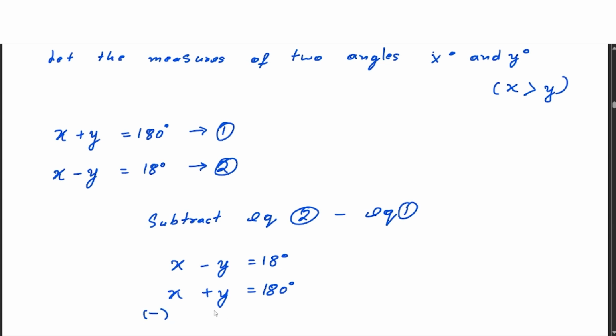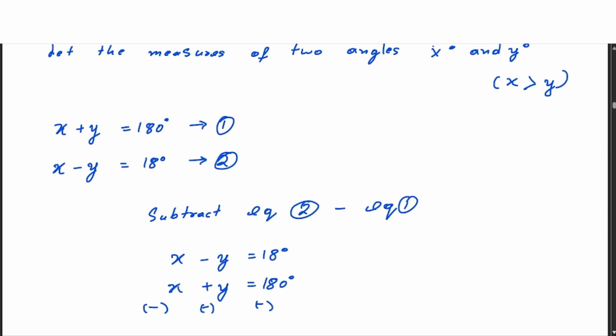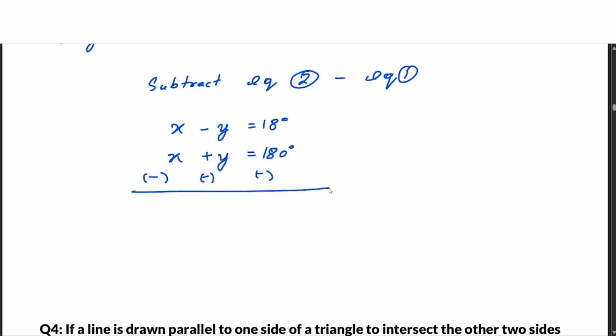When you subtract, 18 minus 180 gives minus 162 degrees. In the same way for y, you get minus 2y, and x minus x becomes 0. So minus 2y is equal to minus 162 degrees.